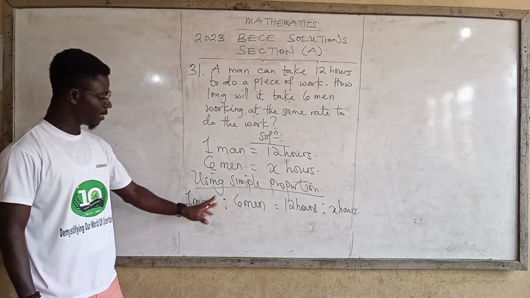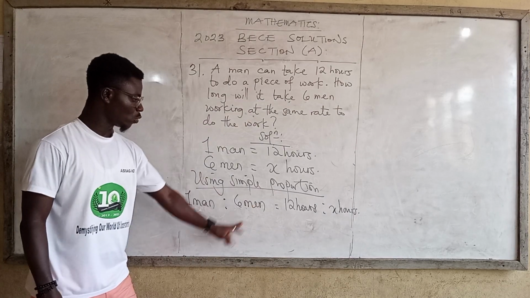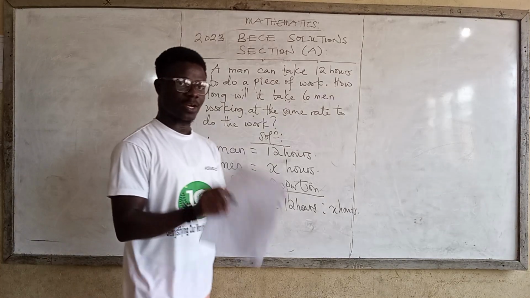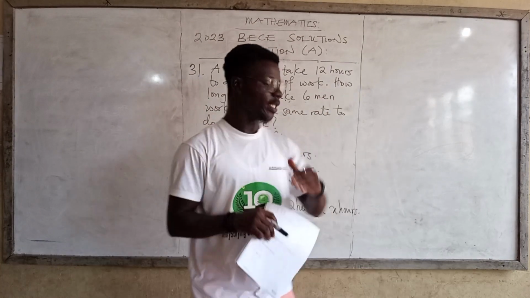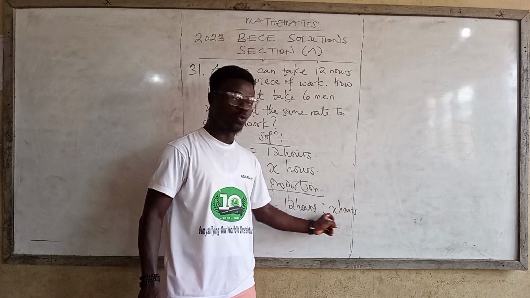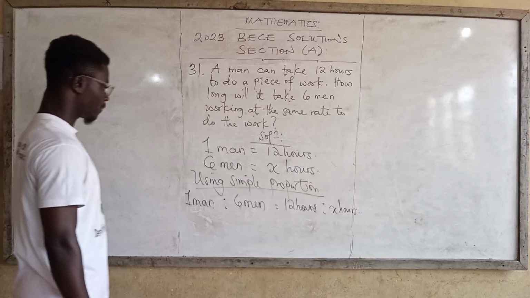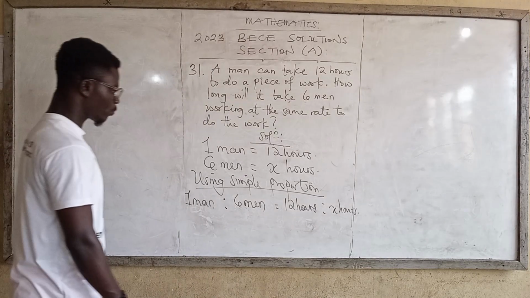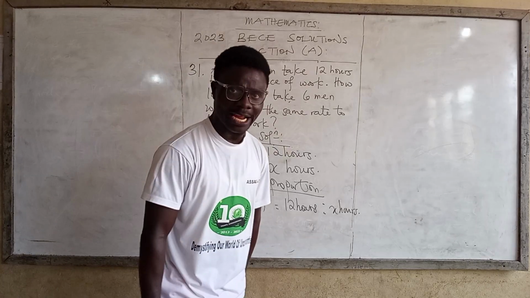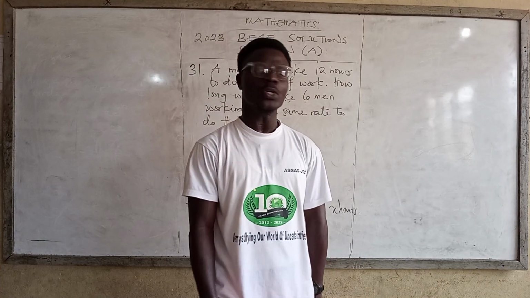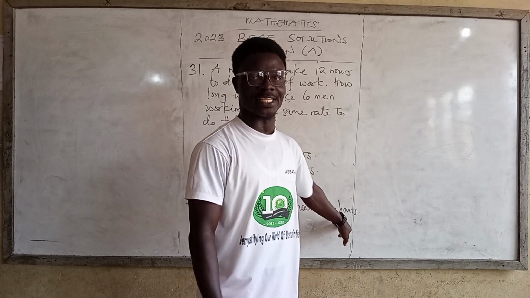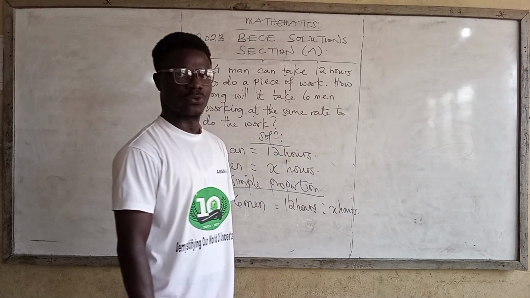So one man is to 6 men. So this can cancel that, right? Don't forget that fractions have the same unit so that they can cancel out. Then here is 12 hours is to x hours. So that's my simple proportion here. Now, since it's an indirect proportion, what do we do? We have to interchange the positions of the second ratio.